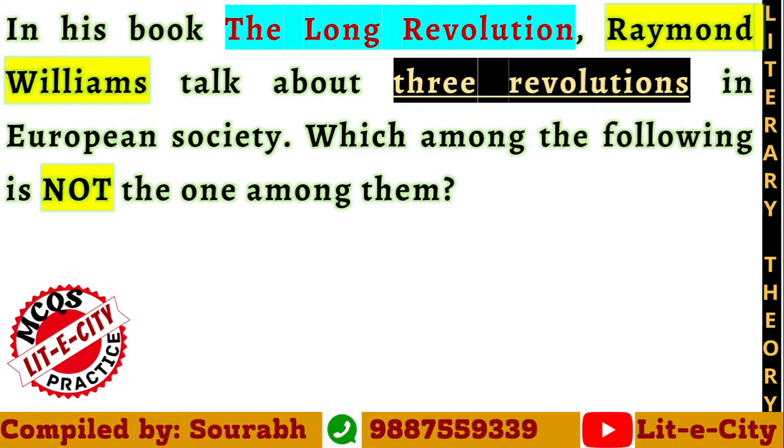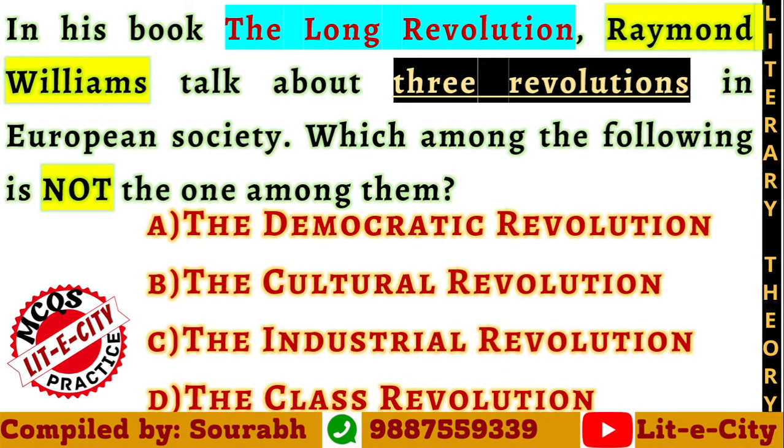In his book The Long Revolution, Raymond Williams talks about three revolutions in European society. Which among the following is not one of them? The options are the democratic revolution, the cultural revolution, the industrial revolution, and the class revolution.